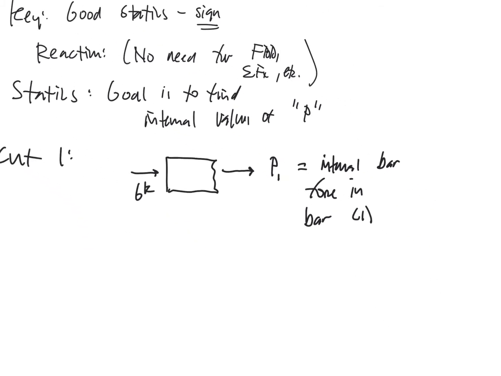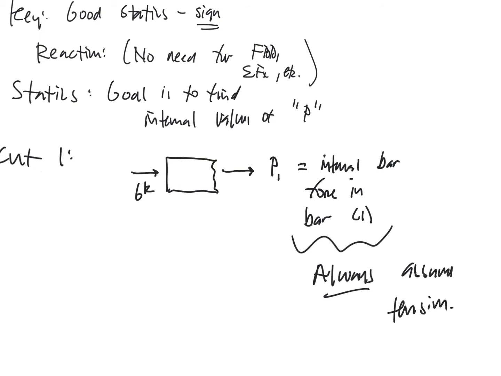And again, I'm going to remind you that we always assume tension. And the reason that you do that is because if you end up with a positive value, positive is tension in an axial bar. If you end up with a negative value, that's going to be compression.